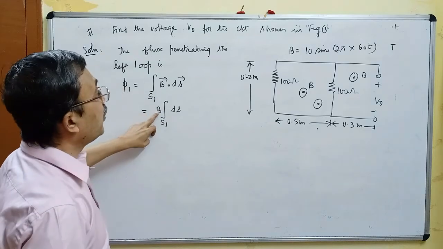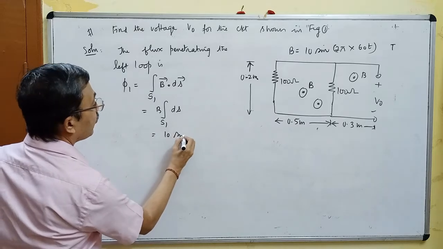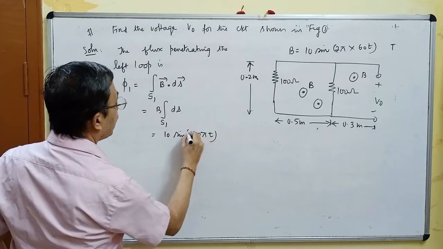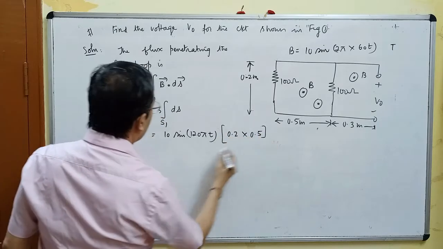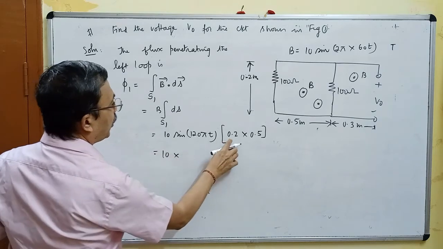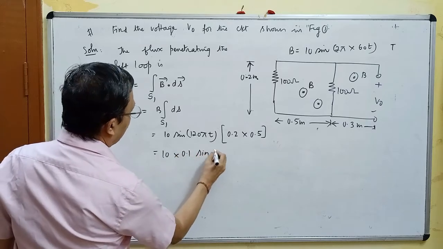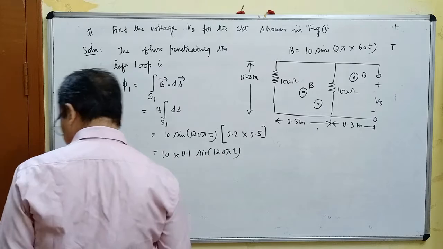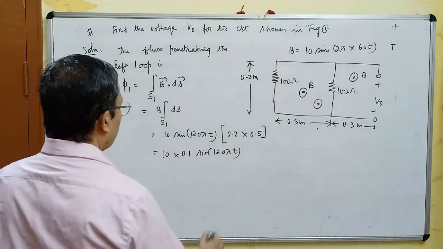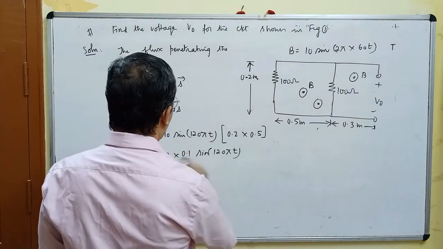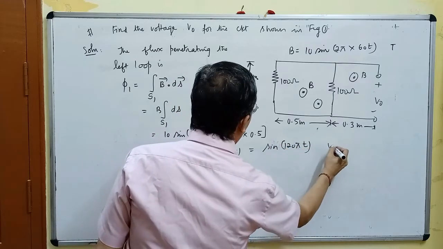B is taken out because B is independent of x, y and z. Now what is B? B is 10 sine 120 pi t. And what is the area of this inner rectangular loop? 0.2 into 0.5. So this becomes 10 into 0.2 into 0.5, which is 0.1 into sine 120 pi t. 10 into 0.1 is 1. So you get sine 120 pi t Webers.